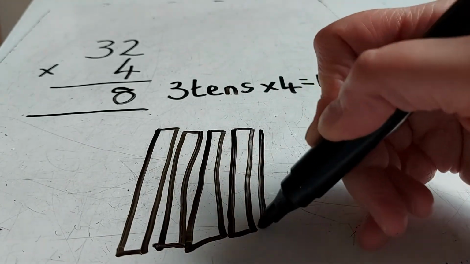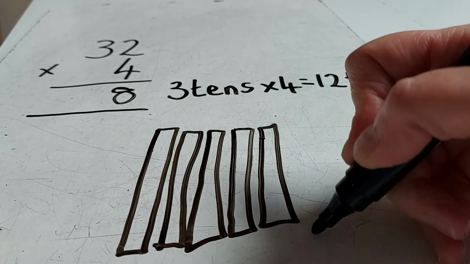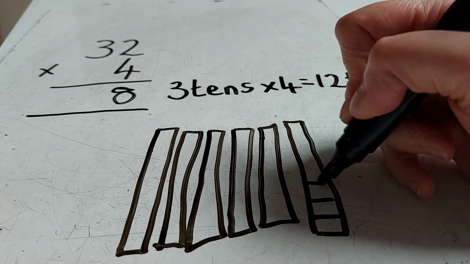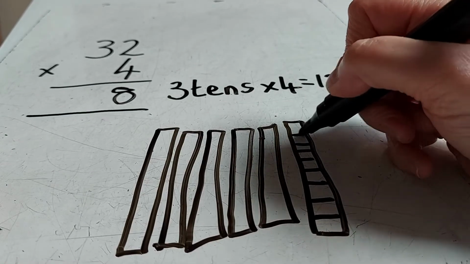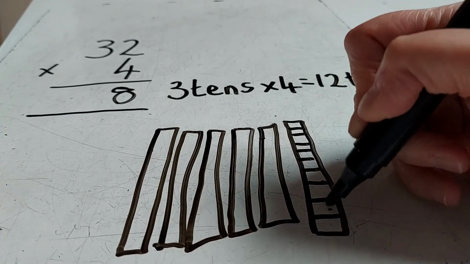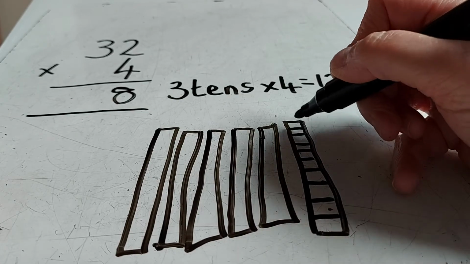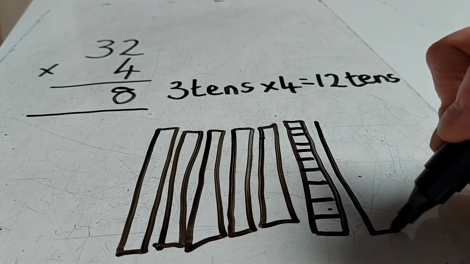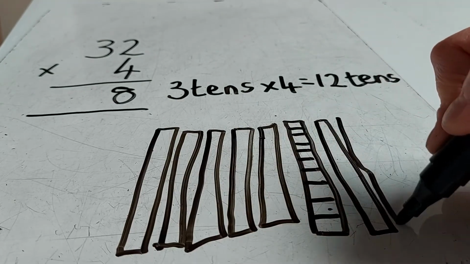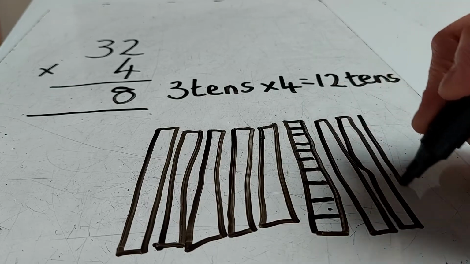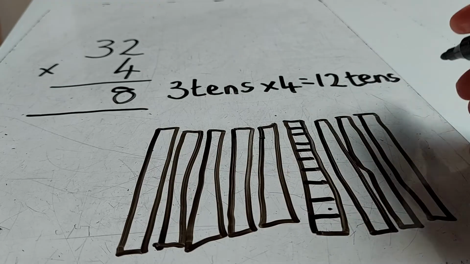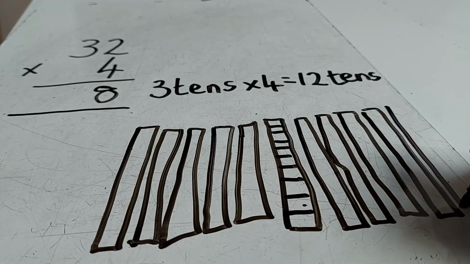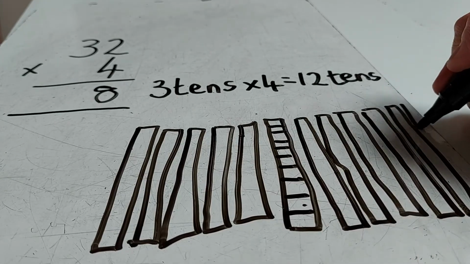And on each one of these strips of 10, sorry, they should be the same size, you would have 10 ones. 1, 2, 3, 4, 5, 6, 7, 8, 9, 10. Am I going to make it 12?